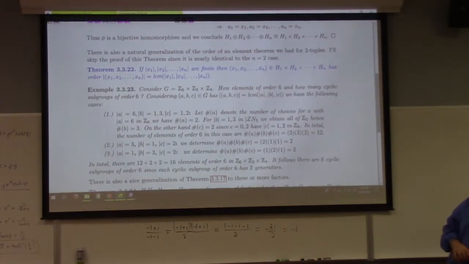How many generators are there in a cyclic subgroup of order 6? There are 2. So each subgroup uses up 2 generators of order 6. That means if there are 16 elements of order 6, then there are 8 cyclic subgroups of order 6, because each one of those takes up 2 generators.